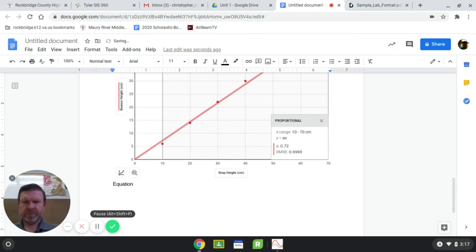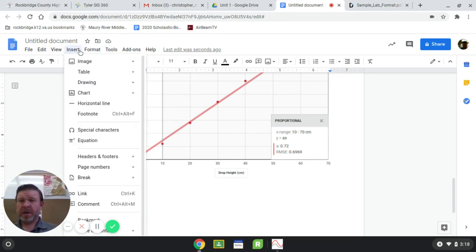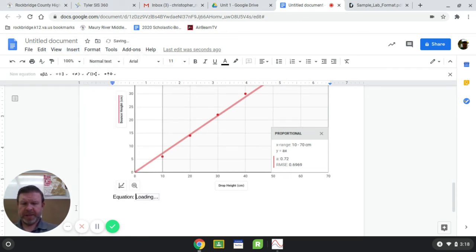Okay, so the mathematical equation. This says y equals ax, but there's no y's and x's in this. The y-axis is bounce height. So my equation, let's see, I need to insert an equation. My equation is bounce height is equal to this number.